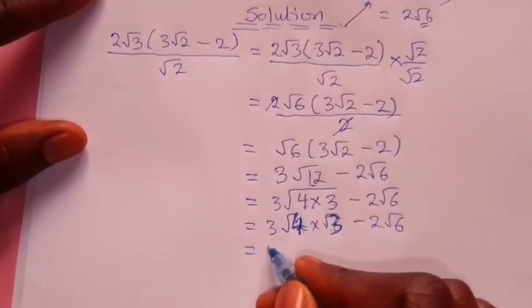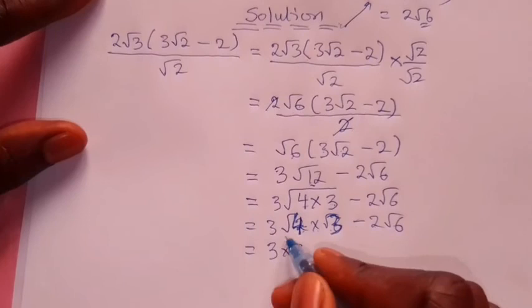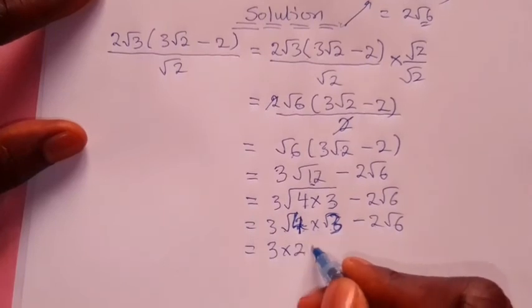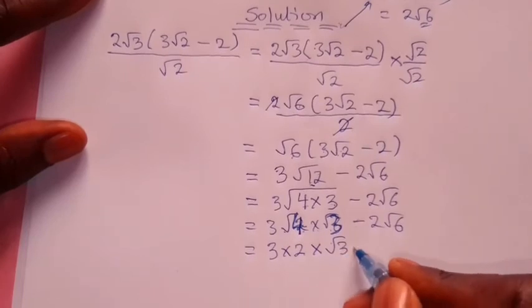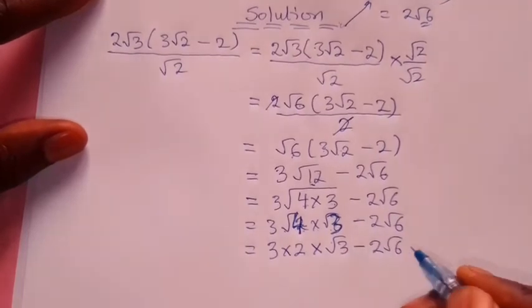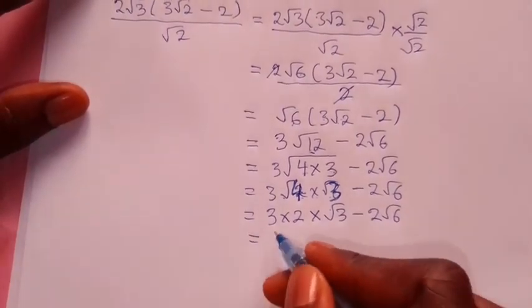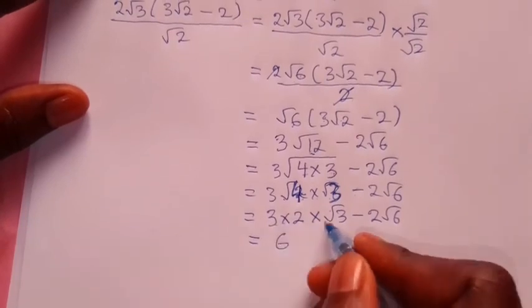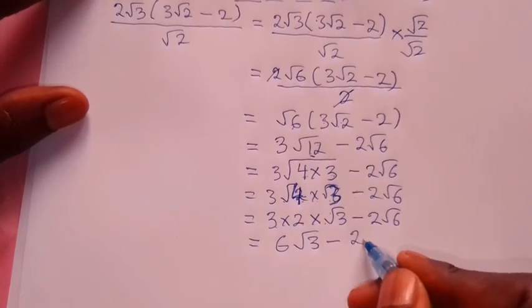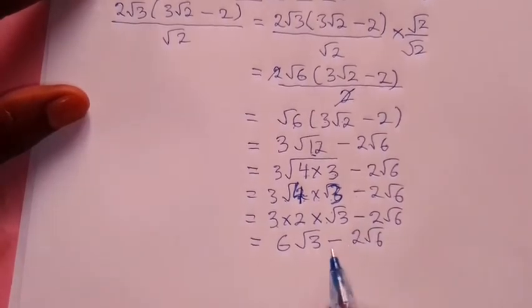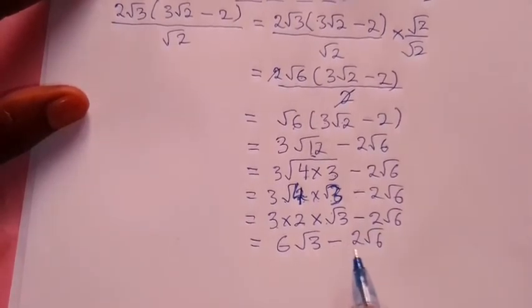In doing this now, it becomes 3 times 2, because root 4 will give us 2, then times root 3, root 3 remains root 3, then we have minus 2 root 6. So we can still go on ahead, multiply this, we have 6 root 3, then minus 2 root 6. So you can still leave your answer this way.